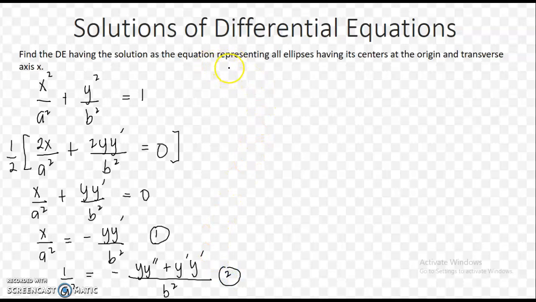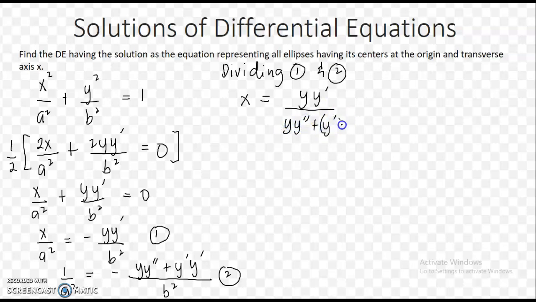Now, dividing equation 1 by equation 2, we can get x is equal to y y prime over y y double prime plus y prime squared.